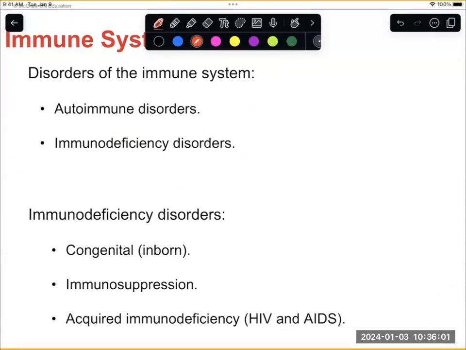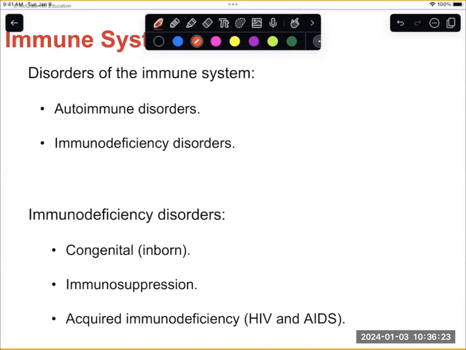So that autoimmune disorder, I've mentioned this a few times, is when that immune system reacts to self antigens with antibody production. We've talked about lupus already. Rheumatoid arthritis, we've mentioned in previous chapters.